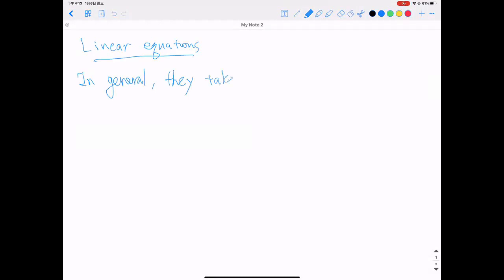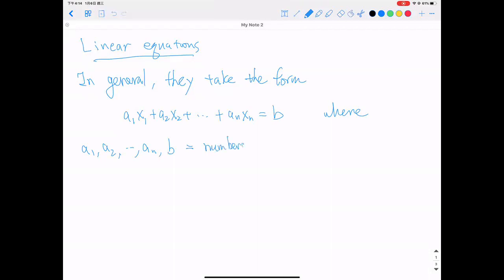You take this form: a1 x1 plus a2 x2 plus ... an xn equals b, where a1, a2, an, and b are numbers, and x1, x2, xn are unknowns, or as we usually call them, variables.